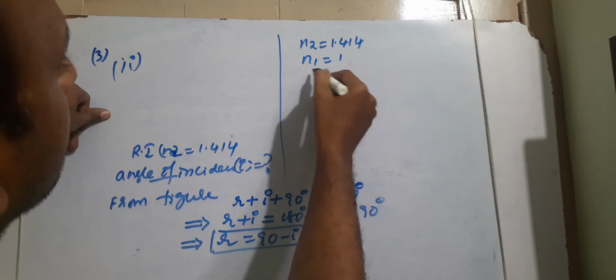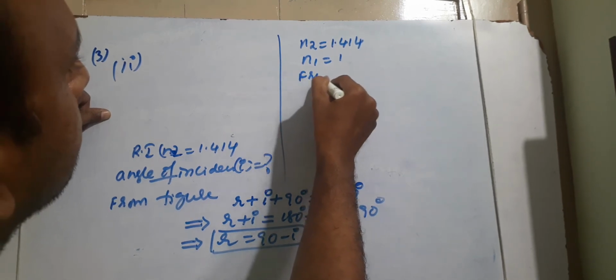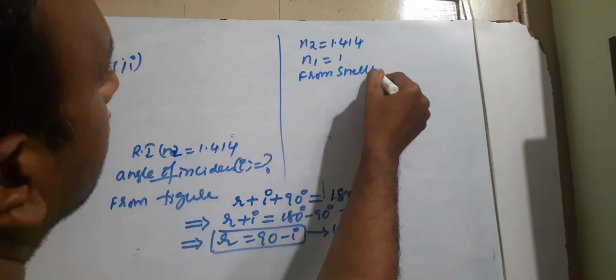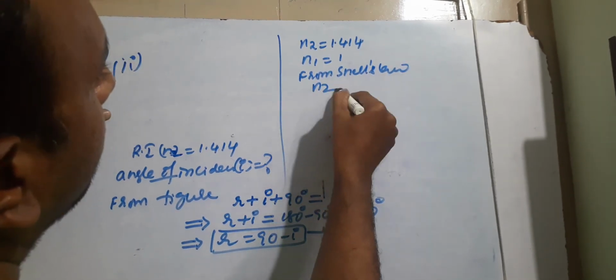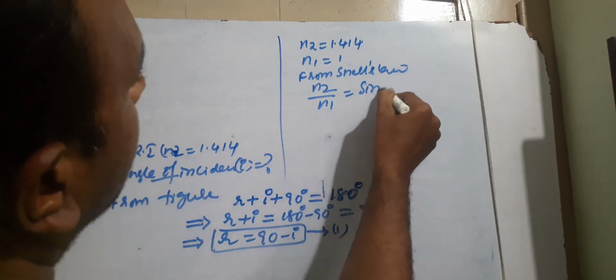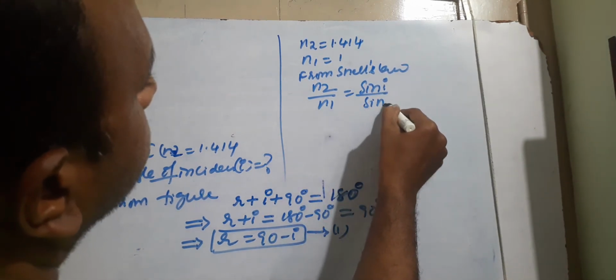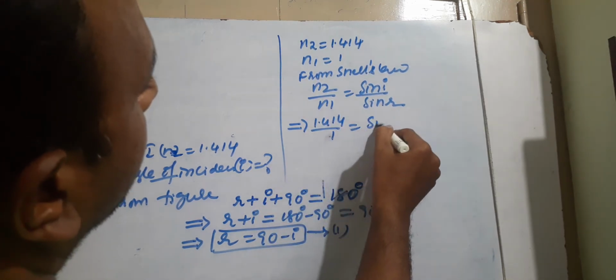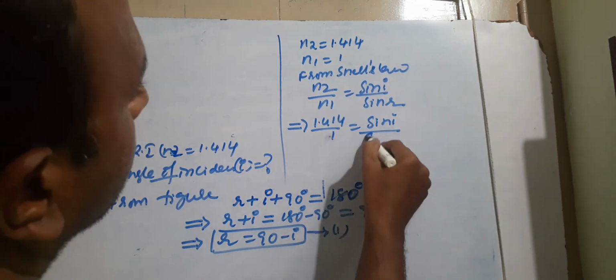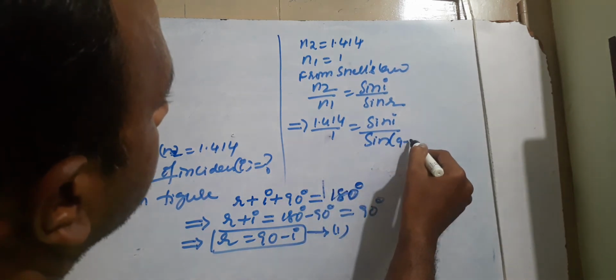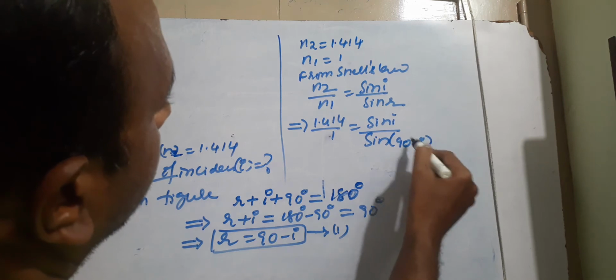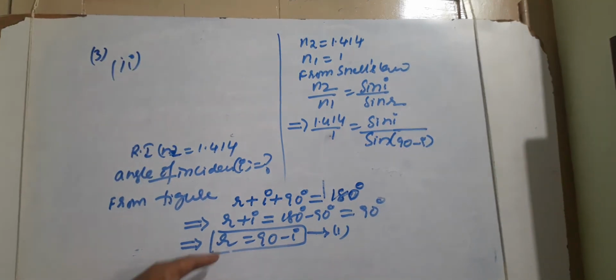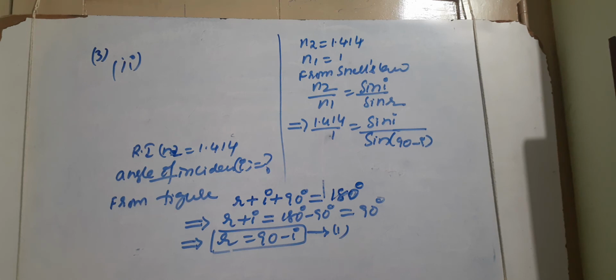From Snell's law we can write n2 by n1 is equal to sin I by sin R. So this implies 1.414 by 1 is equal to sin I by sin of 90 minus I, since R is nothing but 90 minus I.